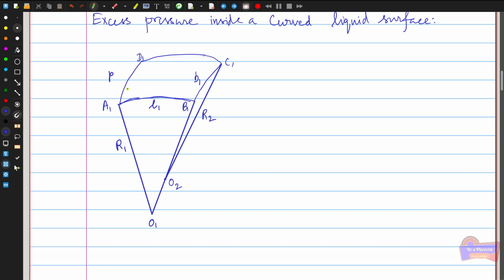If we consider P as the excess pressure inside the surface over the outside, then the outward thrust on the surface A1B1C1D1 is given by pressure times area.